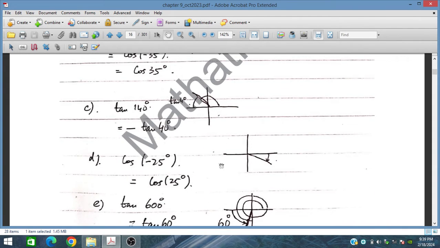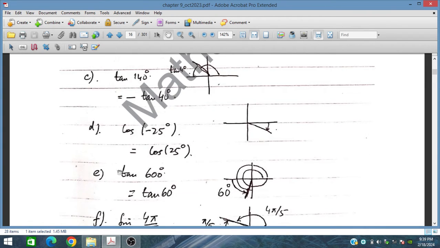This is cos minus 25 degrees. This is minus 25 degrees in the fourth quadrant, so this is positive. For tangent 600, we will measure clockwise. From here to here, this is 360, and from here to here, this is 540, and after that, it is still in this third quadrant.